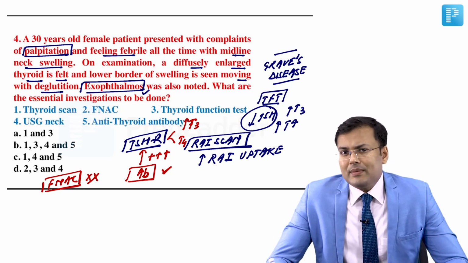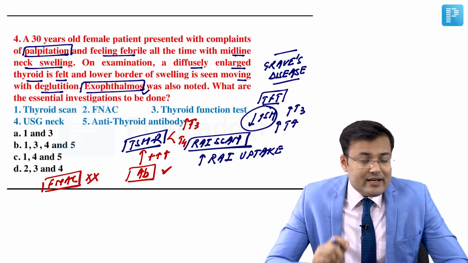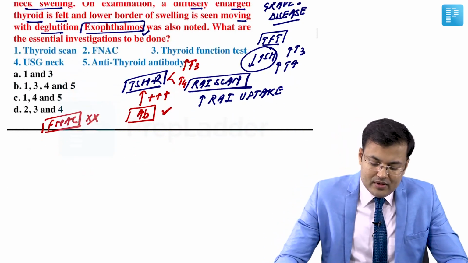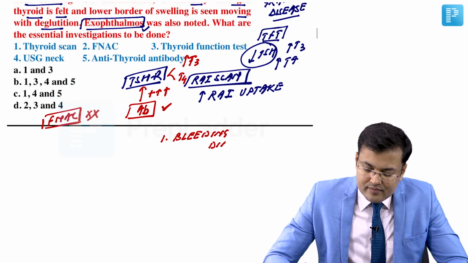Hematoma. And second, if the patient is not cooperative. So there are only two contraindications for FNAC in thyroid swelling. One, bleeding diathesis. And the second is if patient is uncooperative.